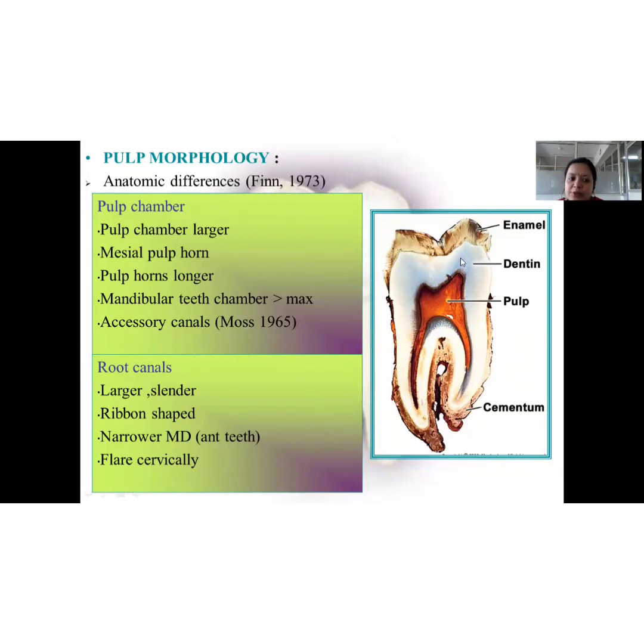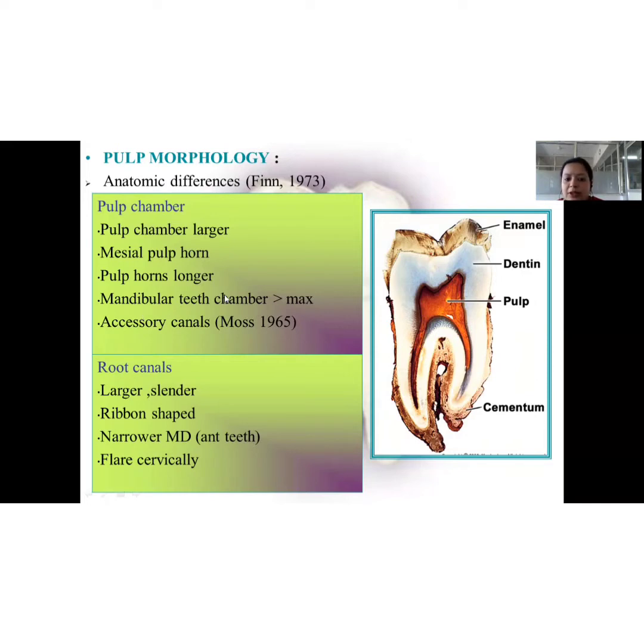So basically the pulp chamber is larger and the pulp horn, especially the mesial pulp horn in the first molar, is very close to the dentinal area. And pulp horns are longer, they are more extended towards the cusp area. As I've already told, the pulp chamber follows the anatomy of your dentine.